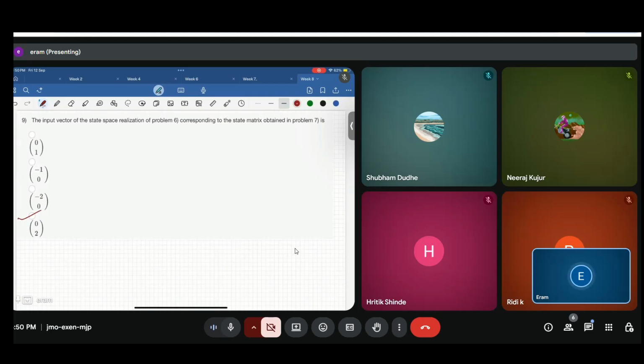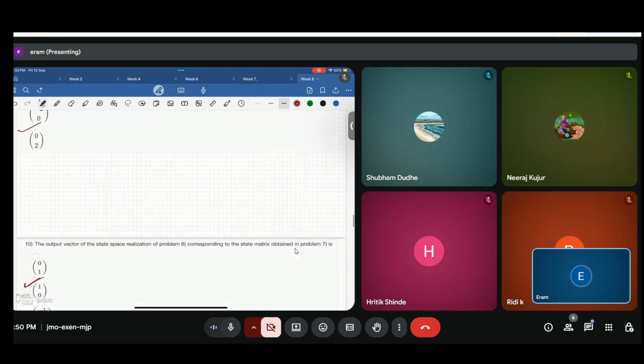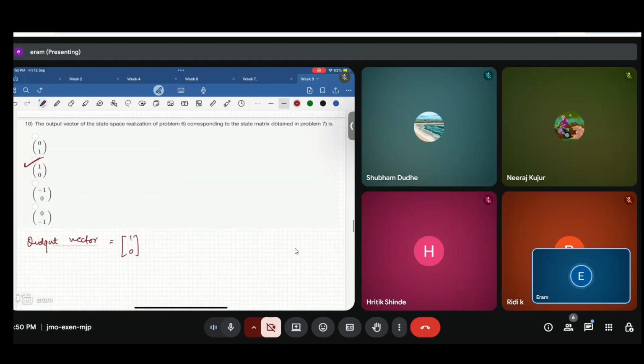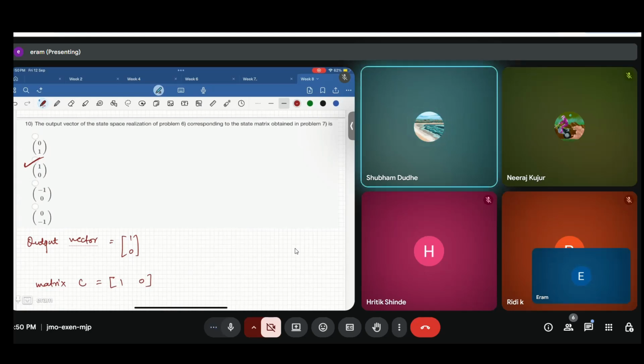If you have an option with a row vector as well, then you will tick that option. But if you were asked about the matrix C, then you must tick the option 1 0. Okay, sir. Clear, ma'am.